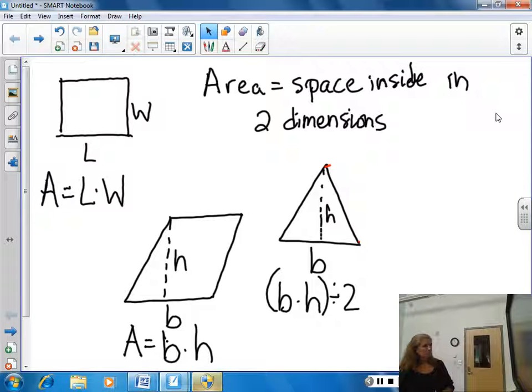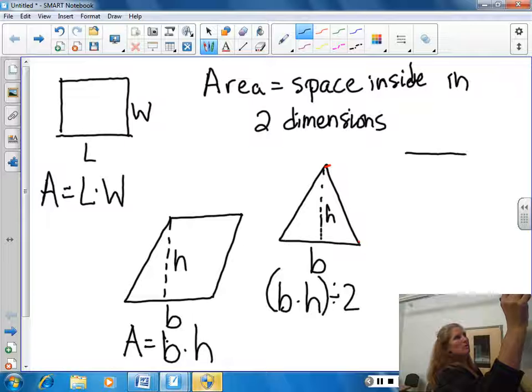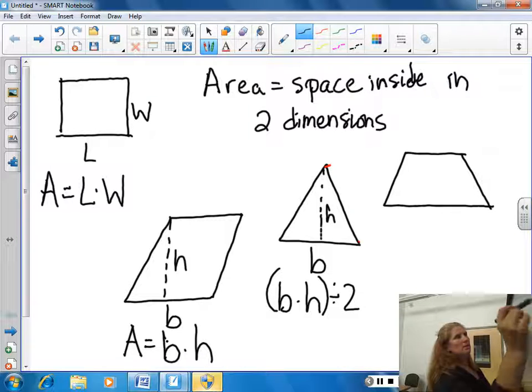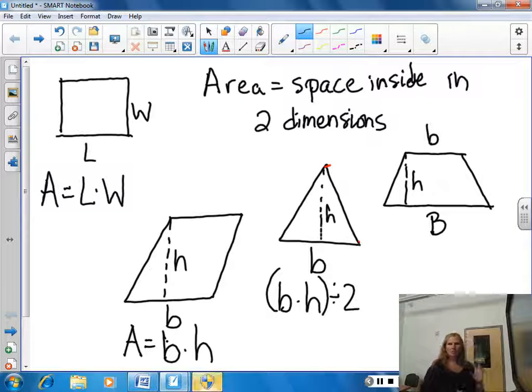Okay, and the other one is the trapezoid. Remember, for a trapezoid, you have a little base and a big base, and also the height. So you need all 3 of those to make your area formula. Always I should be putting A equals that.